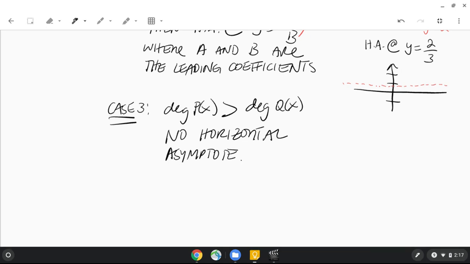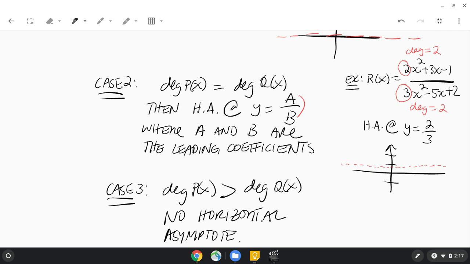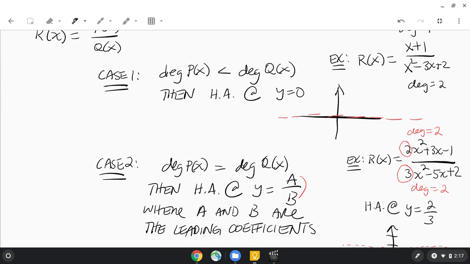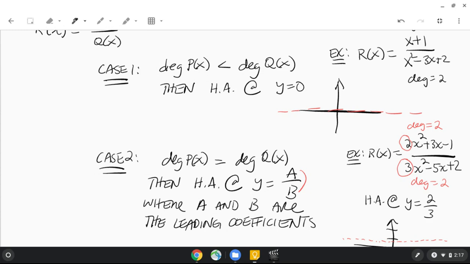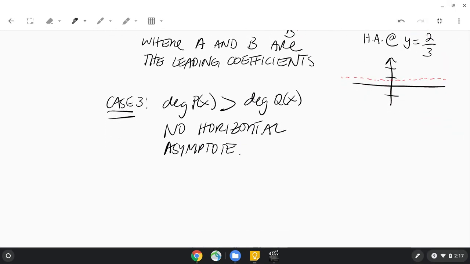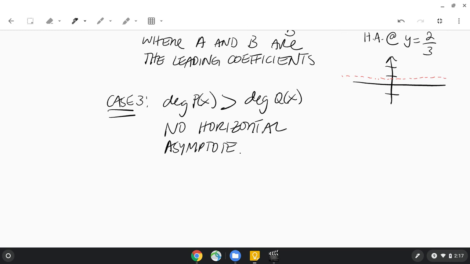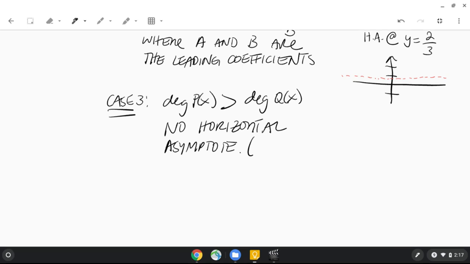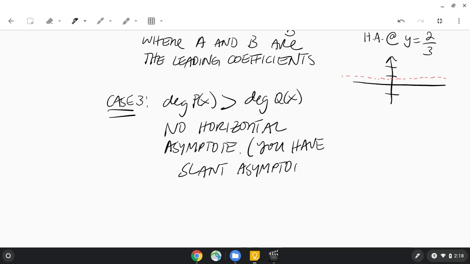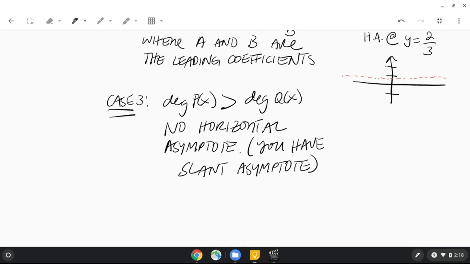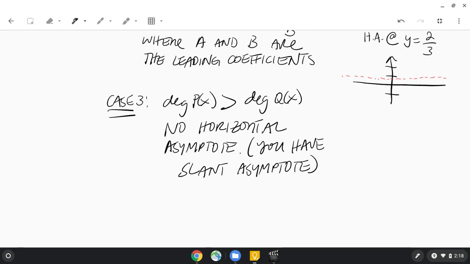So you only have a horizontal asymptote if the degrees are the same or if the degree on top is smaller. If the degree is larger on top, there's no horizontal asymptote. You have a slant asymptote, and we need the degree to be larger on top so we can do our long division. But we'll do more on this later.